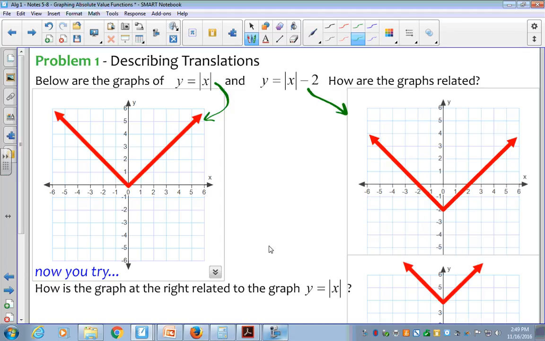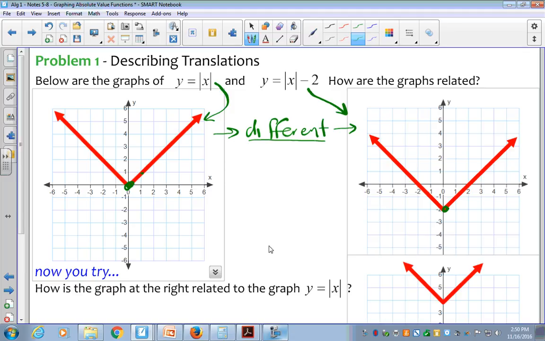We want to take a look at how these graphs are different from each other. We're going to list the differences here. They both are V-shaped. They both increase and decrease at the same rate. The only difference is this corner here is at -2, and my corner here is at 0.